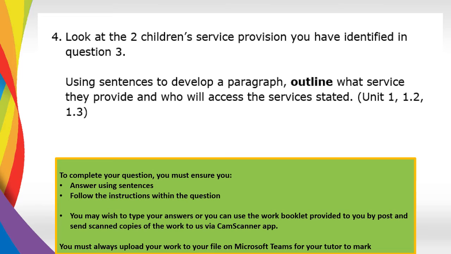Okay, so you're going to tell me, let's just say if you chose a preschool, you could say about what service that preschool provides and who will access that service. So how old are the children that go there and what are they called in your local area? Okay, pause this video here whilst you complete that question.